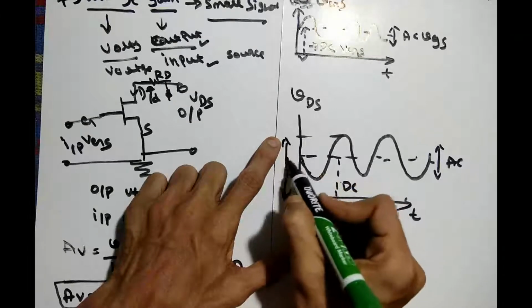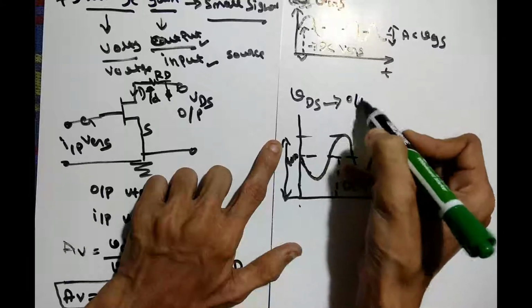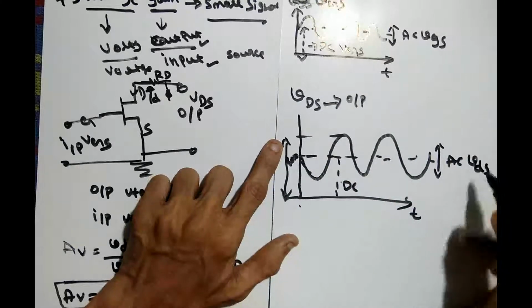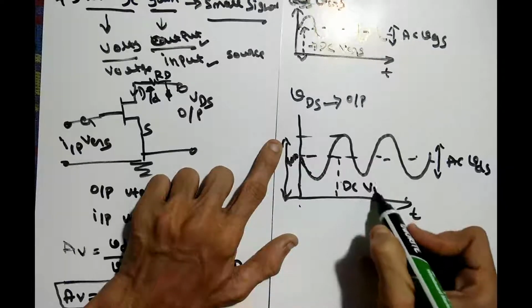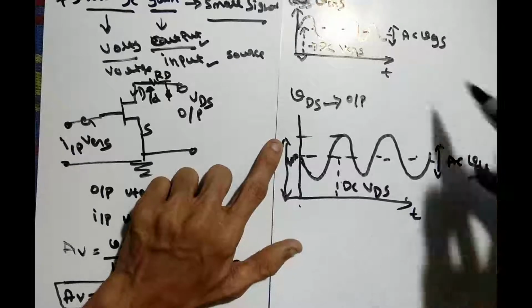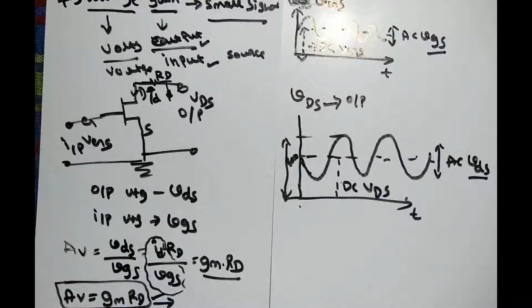So we can name it accordingly. This we are taking as VDS, nothing but the output. When it is AC, everything is small, vds. DC means everything is capital. So here VDS means actually what? It contains VGS also.